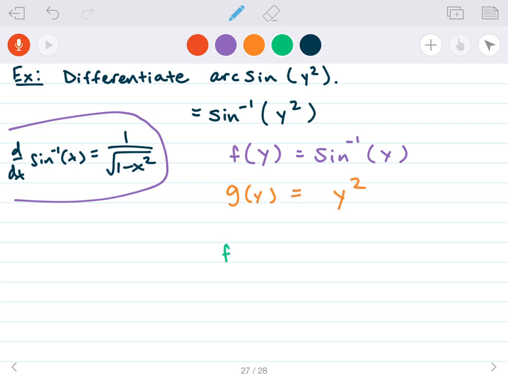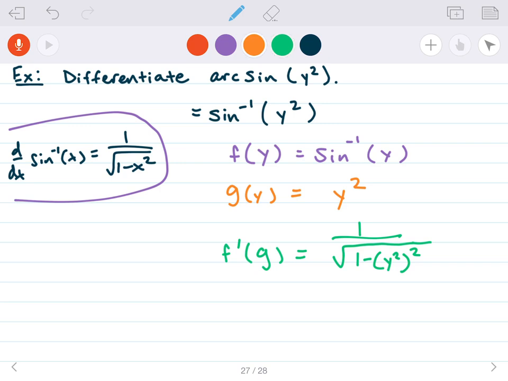So we need to do f prime of g for the chain rule. And the derivative of sine inverse, that special derivative, is 1 over the square root of 1 minus, but instead of our variable, we're putting our g in there, squared. So that's f prime of g.